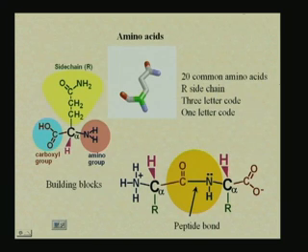Now, if you notice in this structure that we have here, that is called a stick structure. In the stick structure we do not see the hydrogens. The nitrogens are always marked in blue, the oxygen atoms are marked in red, the carbon atoms are marked in green, that is for the asymmetric carbon, and the others are marked in grey.